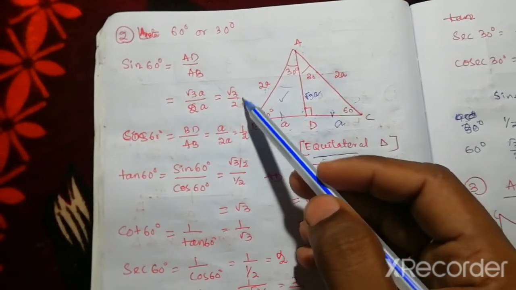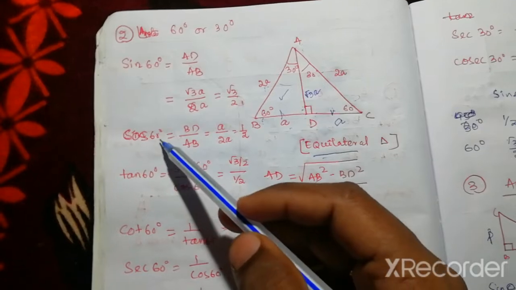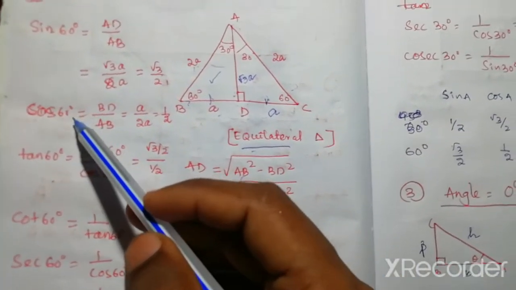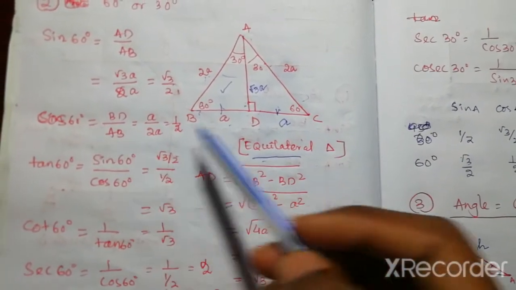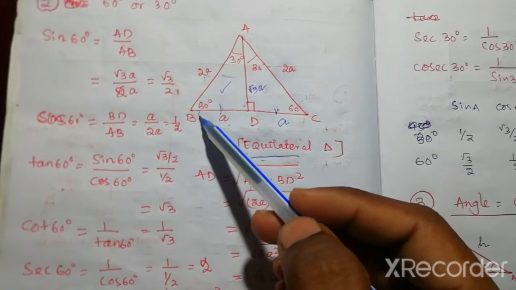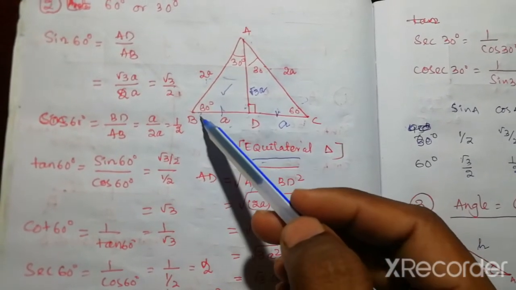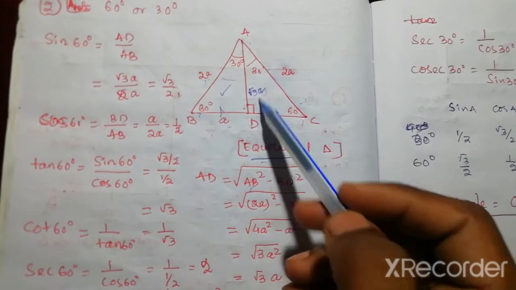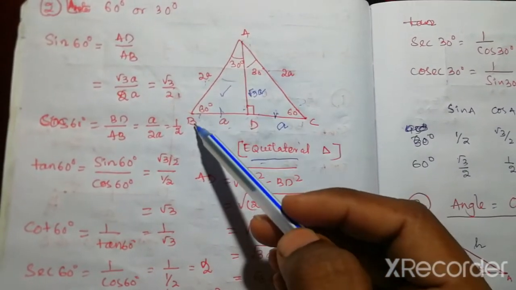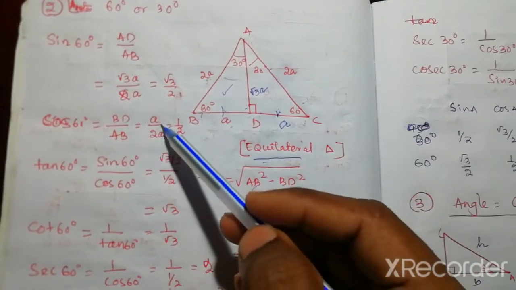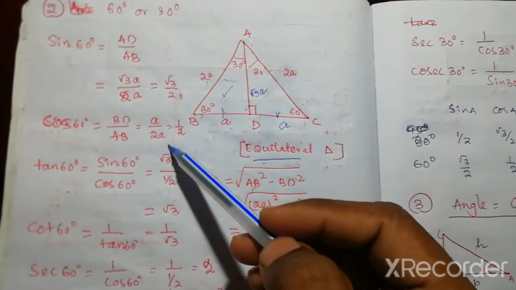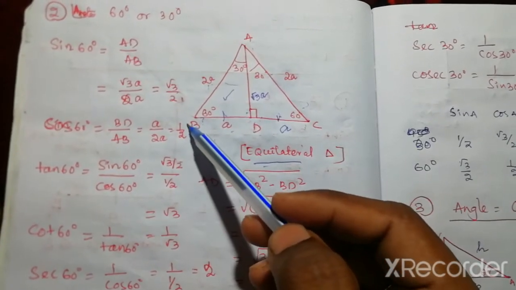The a cancels, root 3 by 2. Next, cos 60. Cos is the adjacent side of theta, adjacent BD by AB. BD is a and AB is 2a. Then the a cancels, that is 1 by 2.